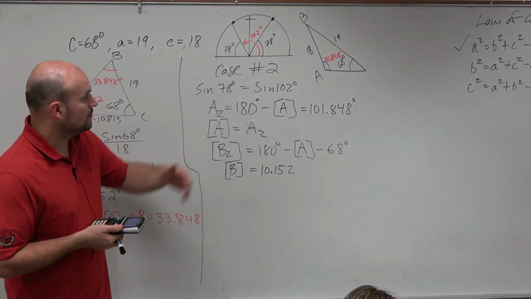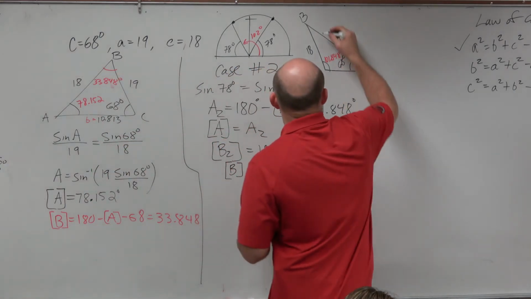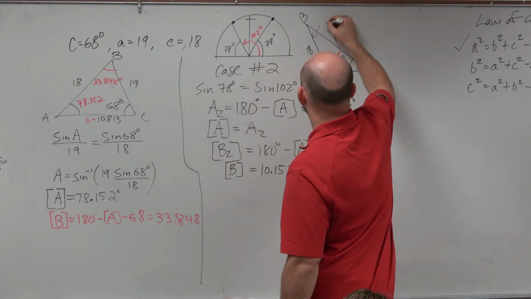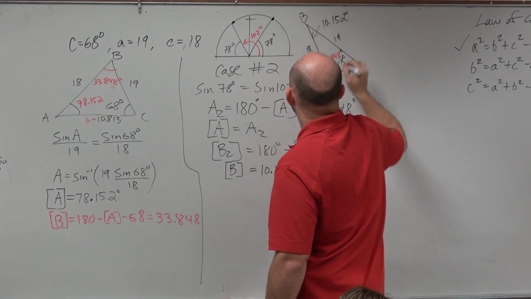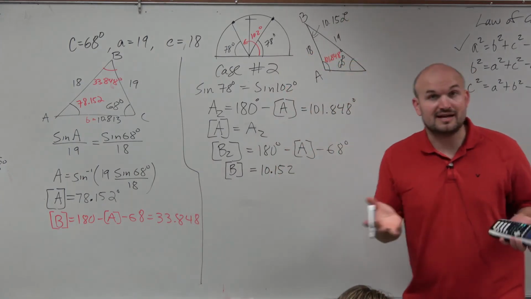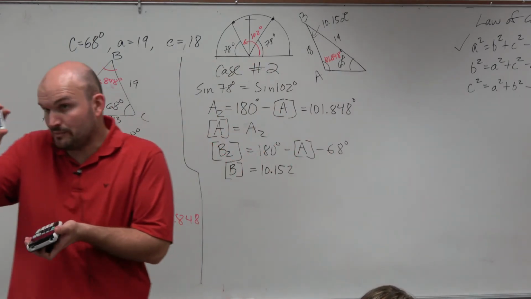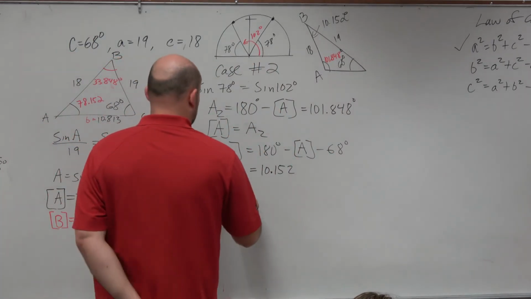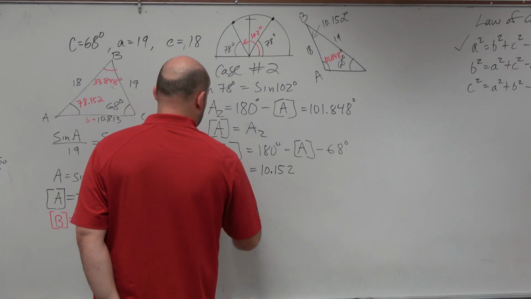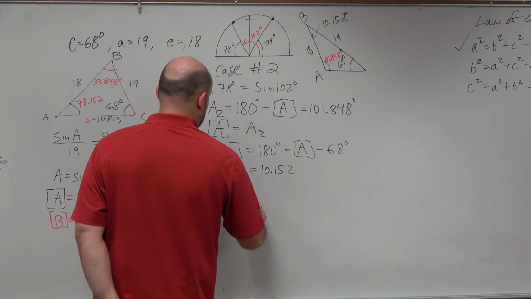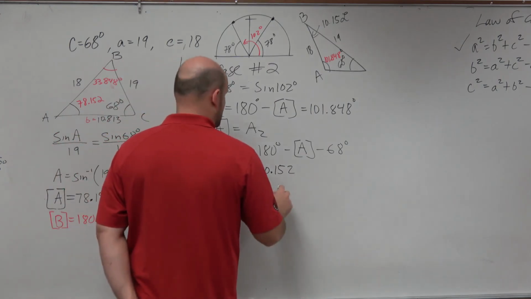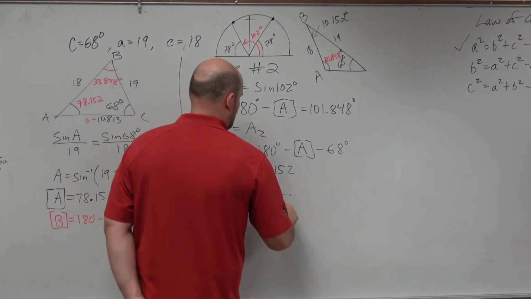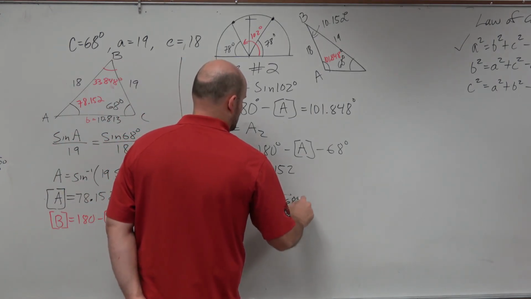So now we have A, and we found B. So the only thing I need to check is small b. Since we're solving for small b, we're going to put small b in the numerator here. So I'll have b over the sine of stored b equals, let's again use c, which is 18, over the sine of 68 degrees.